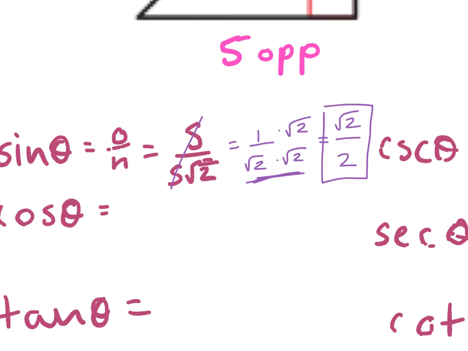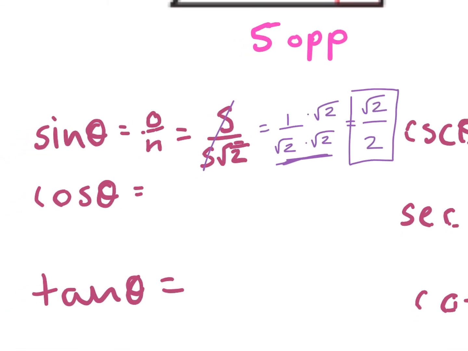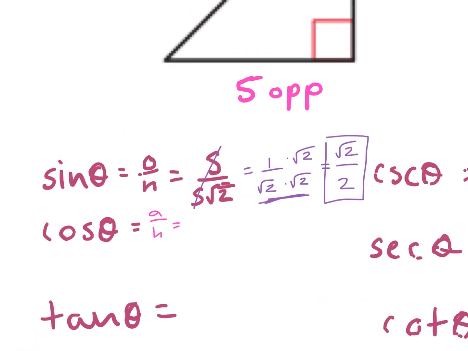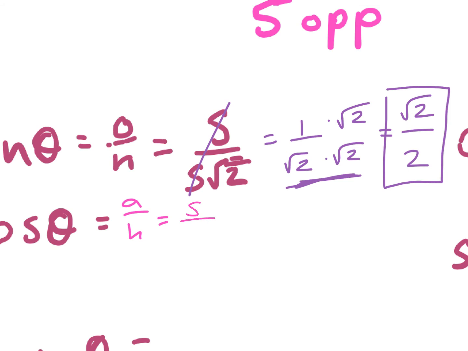You have to rationalize it. You can't leave that square root in the denominator. Now let's do cosine. Cosine is adjacent over hypotenuse. So what's our adjacent? 5. And what's our hypotenuse? 5 square root 2.